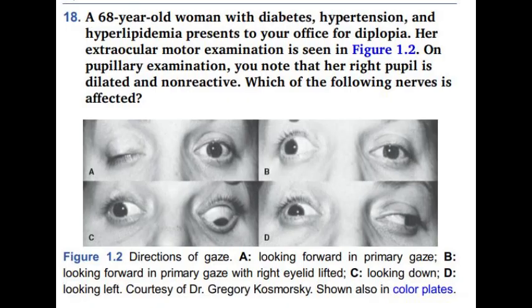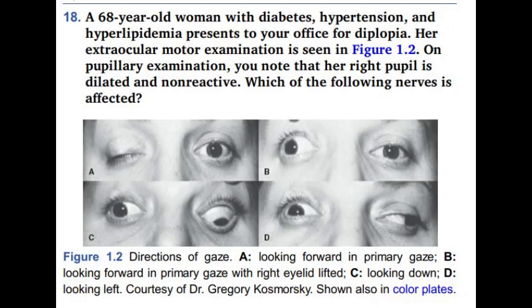Remember that sympathetic activity will cause dilated pupils and parasympathetic activity will cause a constricted pupil. So either your parasympathetics have been knocked off, causing unopposed sympathetic activity, or you have an agent that is causing the pupils to dilate.